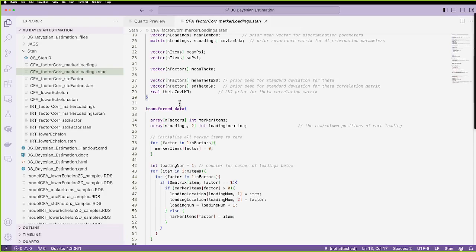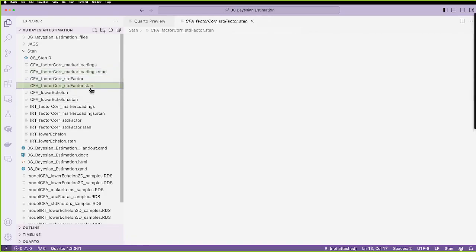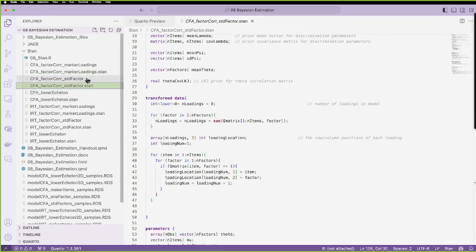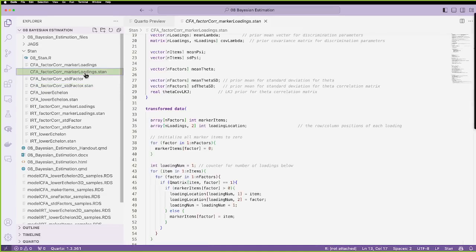It takes the very first loading on that dimension and does so, and the code that I built will automate the process for you. So if you want to use a model that has standardized factors, you grab this stdfactor.stan file. If you want to use a model that uses marker items for the loadings, for the variances, use this file.